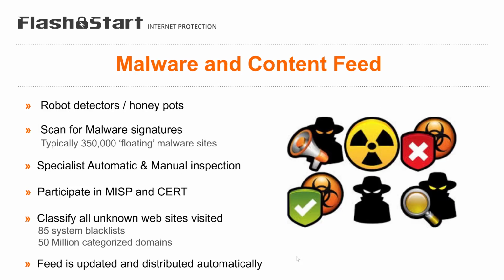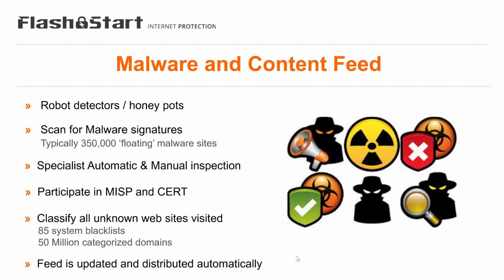The underlying feed we use is taken from multiple sources. It's gathered from globally distributed detectors and honeypots. We create malware signatures, which is typically about 350,000 floating malware sites. That varies as sites are infected and then become uninfected.